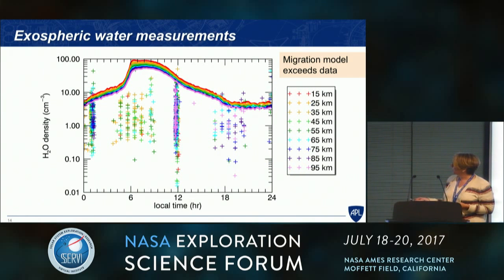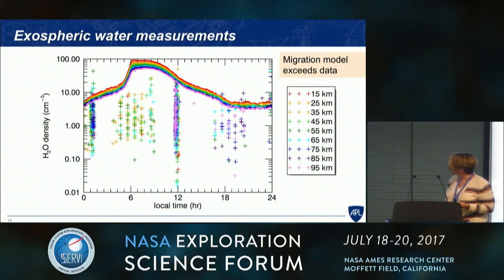So if we superpose our model exosphere from the meteoroid source, if those vapor plumes then continue to migrate on, you would have a background exosphere like this, and with all these data points below that, that suggests that water that's being delivered by micrometeoroids is not then migrating around.